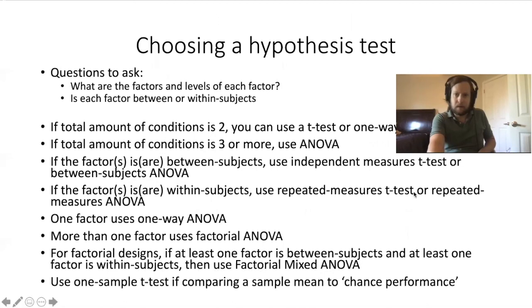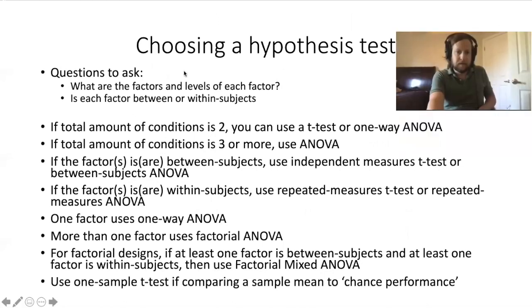Okay, so this is just some little helpful hints for choosing a hypothesis test given a research scenario. And I'm not going to go over these now, but you can use these. So I'm about to assign you to do some group work. I'll give you about 20 minutes. And you might want to use this to help you answer some of these questions. This is also useful when you're studying for test 1.